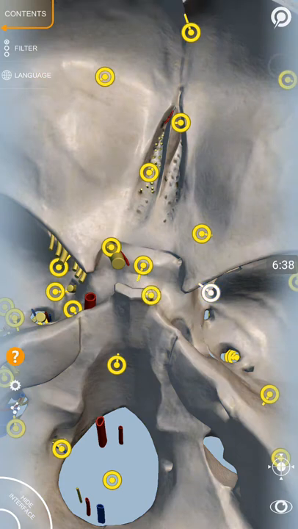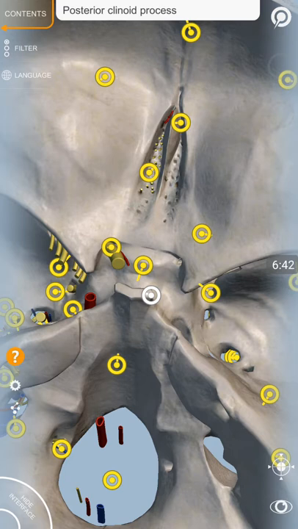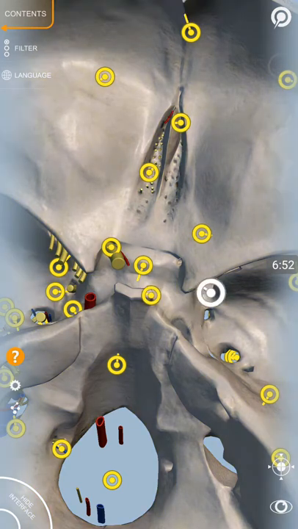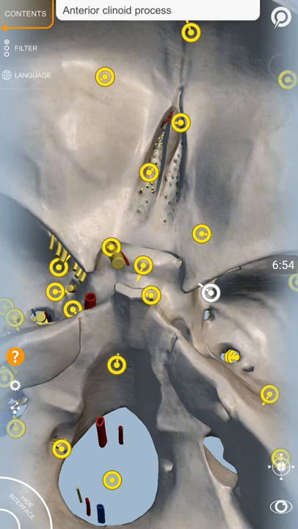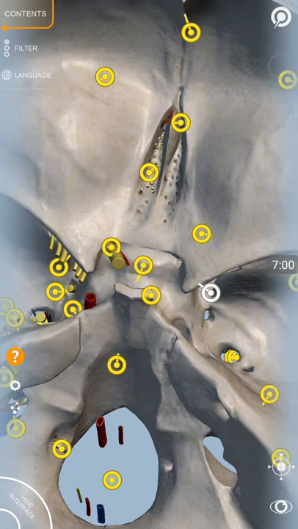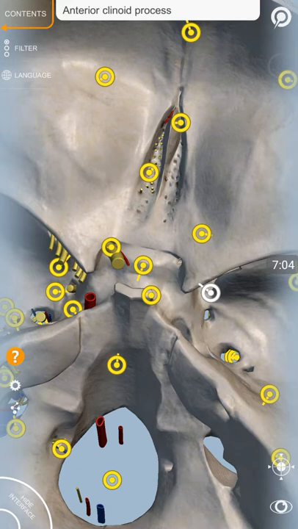Clinoid process literally means, you have seen a double bed, or a bed which has a back, and on the back there is a rounded top-like thing on both ends of the bed. So that is the clinoid process.